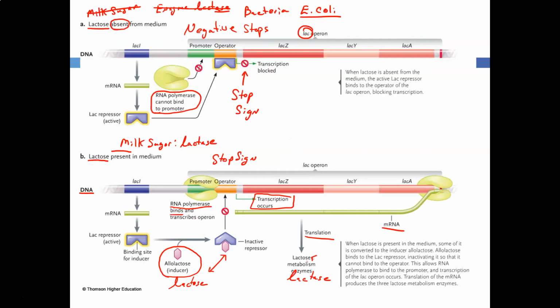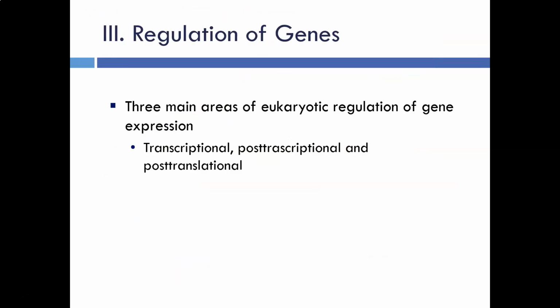Now, as I was saying, eukaryotic cells typically don't, some of them do some positive gene control, negative gene control, some do not. And so eukaryotes have a lot of different ways to control genes. They can control them at the transcriptional level, they can control a gene after it is transcribed, and they can control the gene after translation.